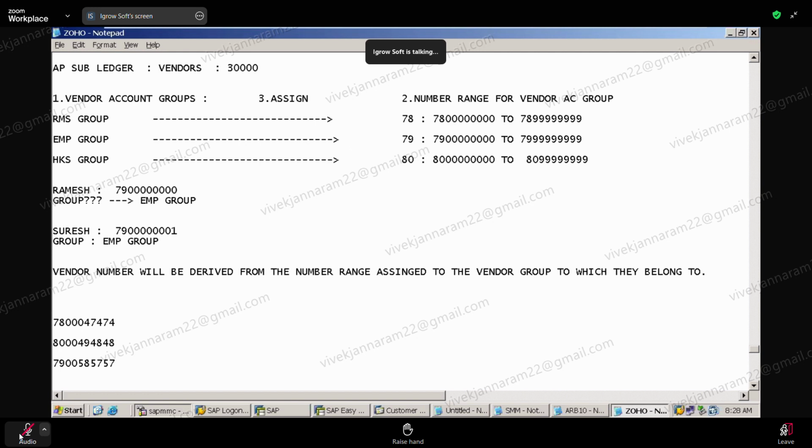Where are they? All of them are here only, simply apply to 79 to 79999. Will I do medical insurance of my raw material suppliers? I don't. I do it for my employees. So all my employees are in one place.